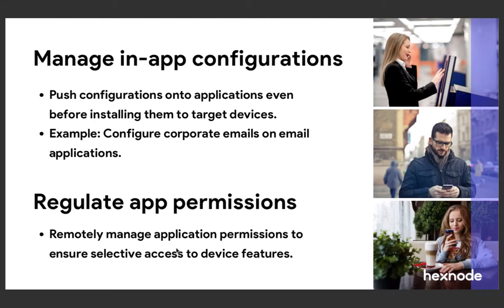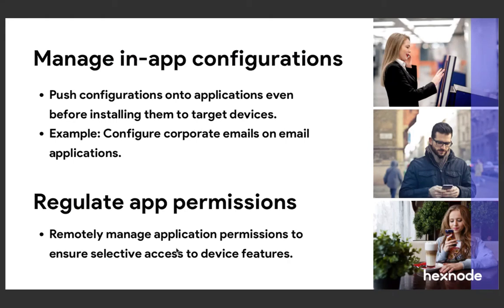But if you go for this Android Enterprise integration, you have the option to push app configurations, including this email setup. Say you want to push the Outlook application to a device and configure your corporate email on it. What you can do is upload or push this Outlook application as a managed Google app, and along with that you can push in-app configuration, so that the email will be configured on the Outlook application, and the user just needs to type in their passcode to populate the email.